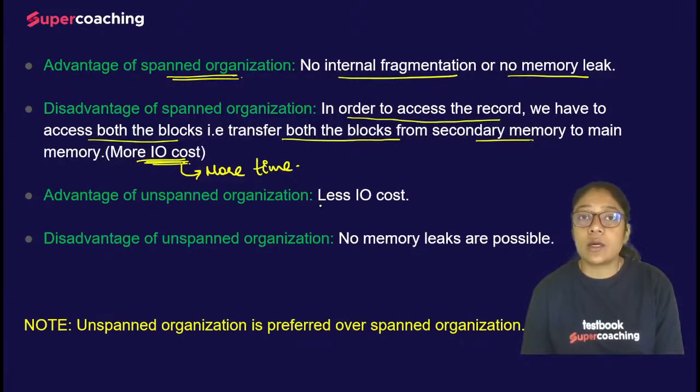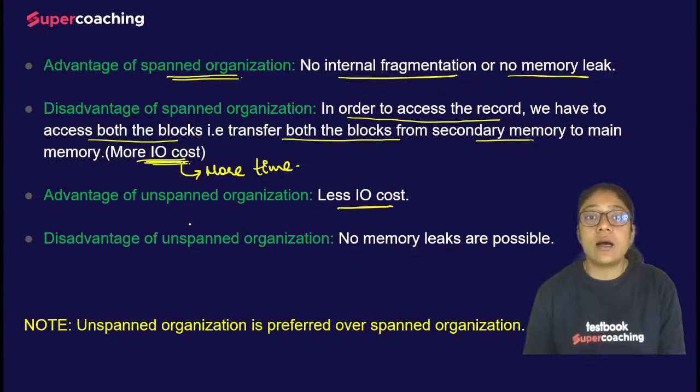The advantage of unspanned organization is less IO cost, meaning less time is required to access the record. Whereas the disadvantage in unspanned organization is that memory leaks are possible. In the example we saw, 100 bytes was the block size and 40 bytes was the record size, so 20 bytes of memory was getting wasted per block. That is the disadvantage with unspanned organization.